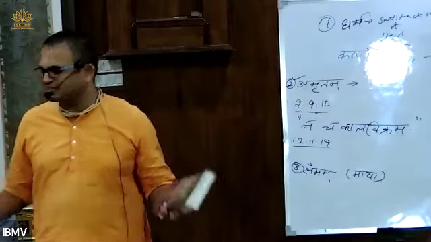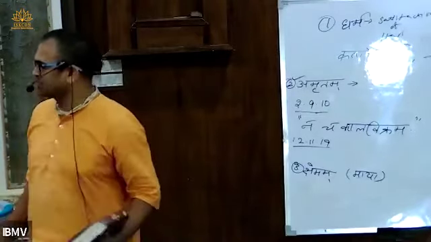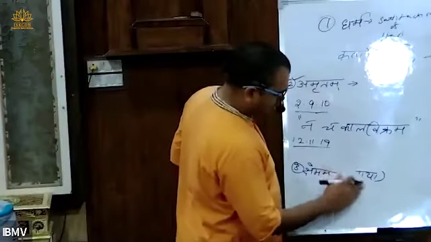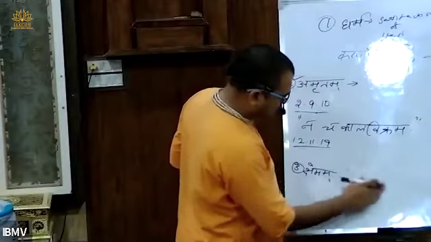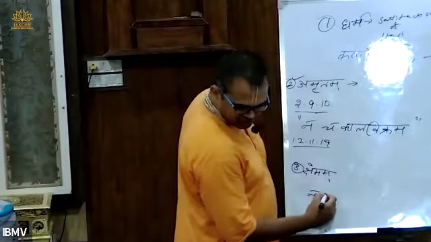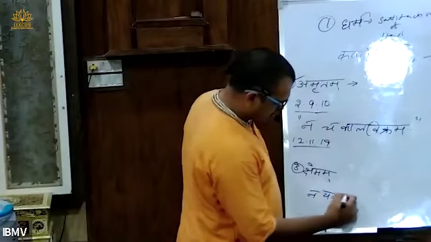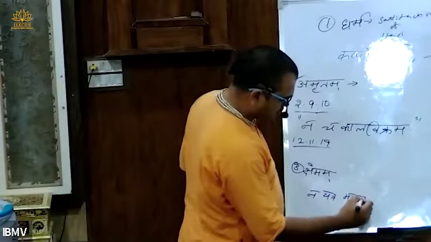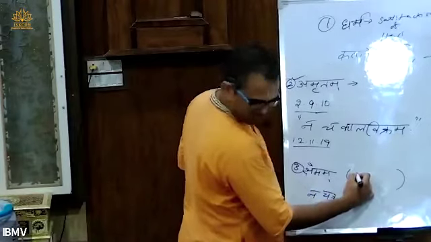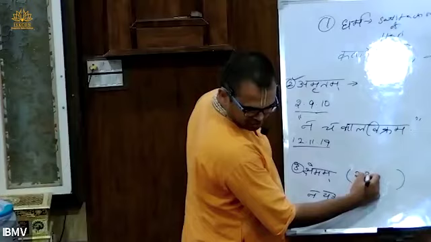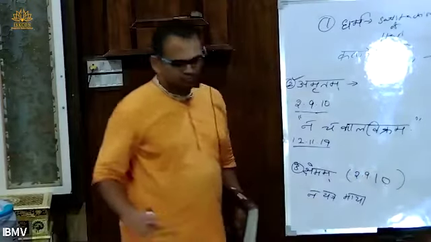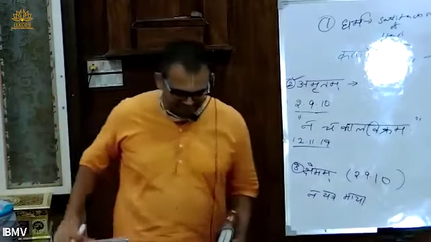That means there is auspiciousness, that means kshemam. So that's why spiritual world is kshemam. What is the reference? How can you say? Na yatra maya. There is no Maya. That's why spiritual world is kshemam. What is that sloka number? 2.9.10. Clear?